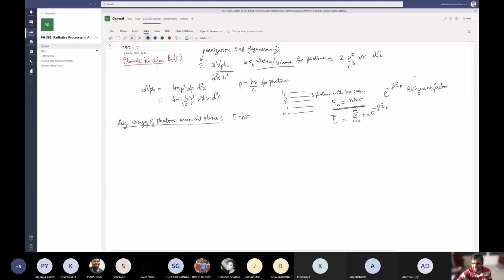And recall that beta we identified as 1 by k_B T, right? So this is just Planck's factor.